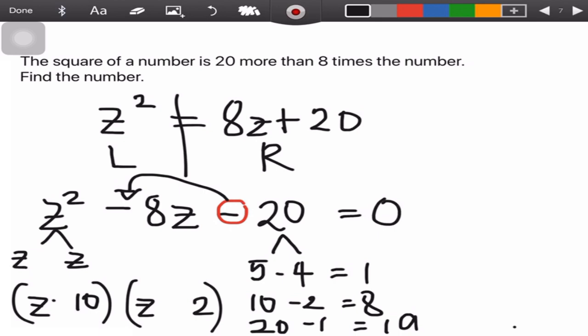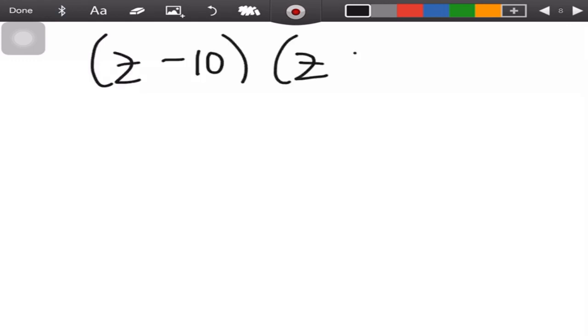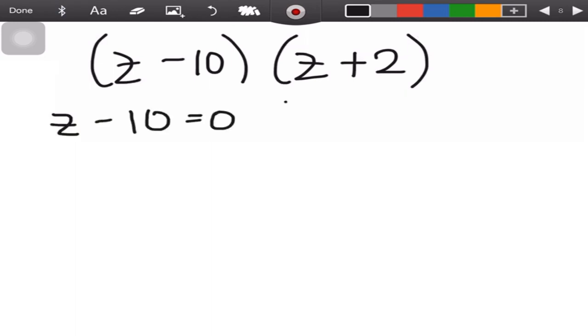So 10 is higher than 2, so 10 will follow negative, and then 2 is positive. So we have z minus 10, and then z plus 2, and then we will equate them to 0. So we have z minus 10 equals 0, z plus 2 equals 0.